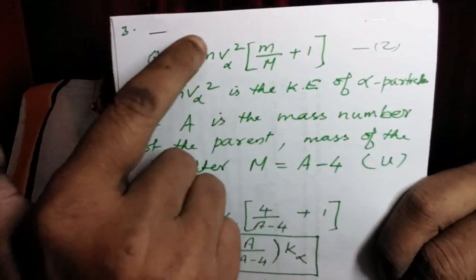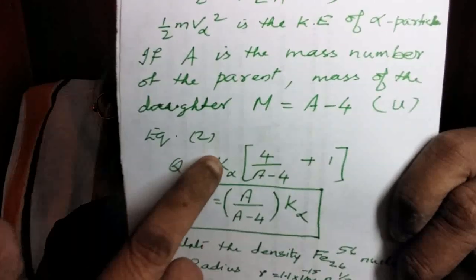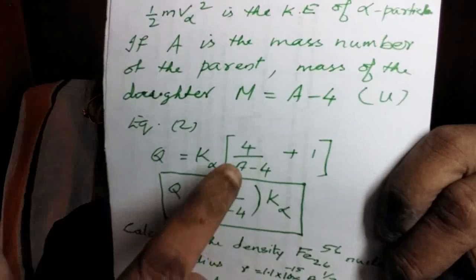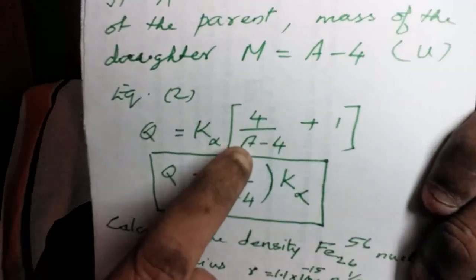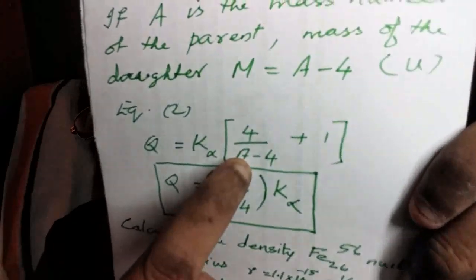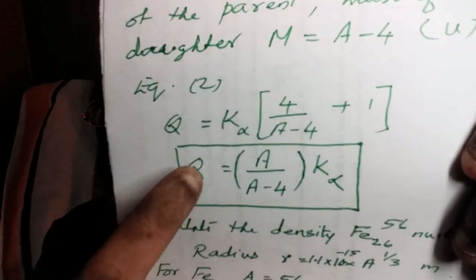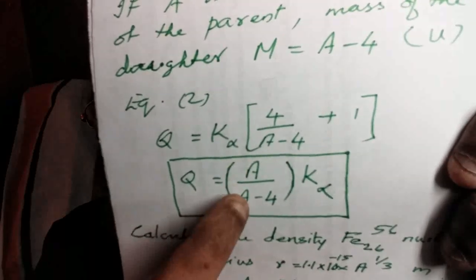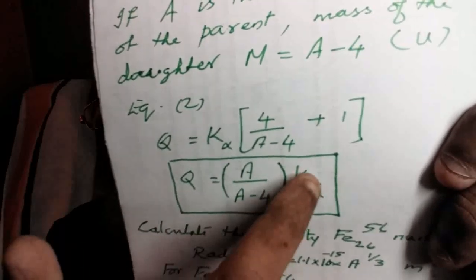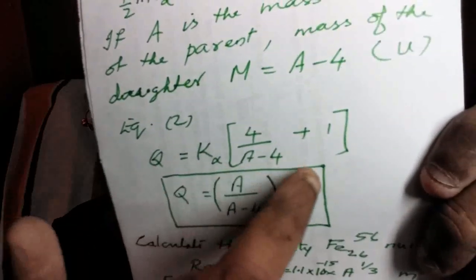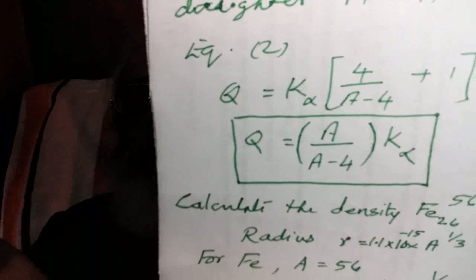So this is K alpha into (4 by capital M, which is A minus 4, where A is the mass number of the parent nucleus, plus 1). You can simplify it to get Q equals A by A minus 4 into K alpha. You can remember this formula. It may appear in your board exam or entrance exam. You can use it.